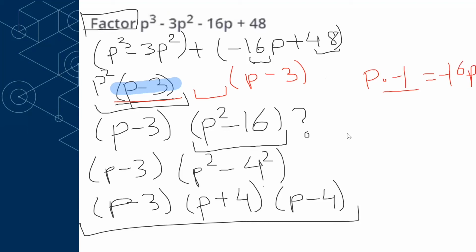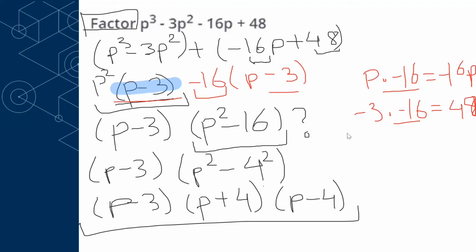Well, p times negative 16 gives me negative 16p. So negative 16 is probably my GCF. Then you verify that using negative 3. Does negative 3 times negative 16 give you 48? Well, yes, it does. So negative 16 is your GCF.